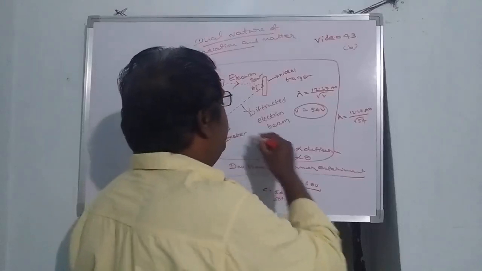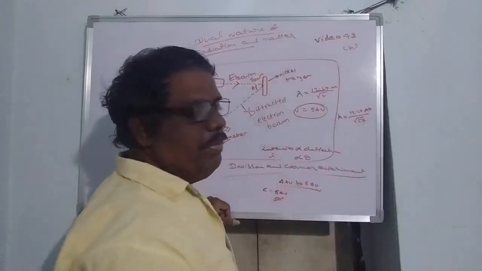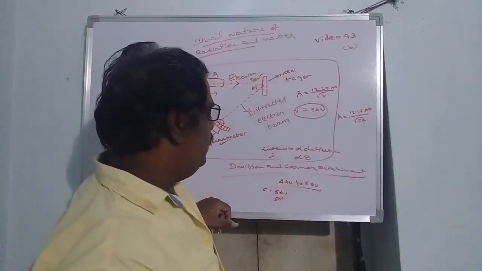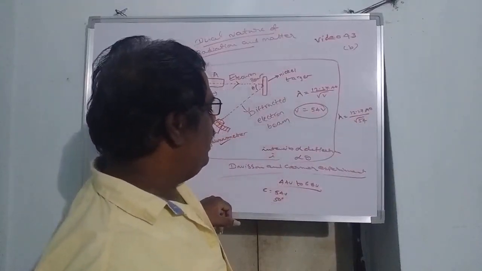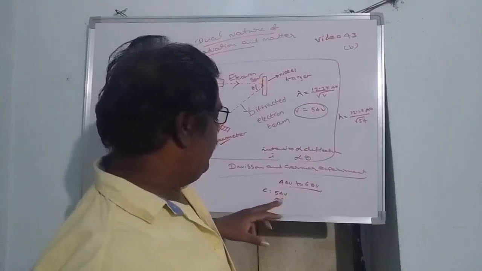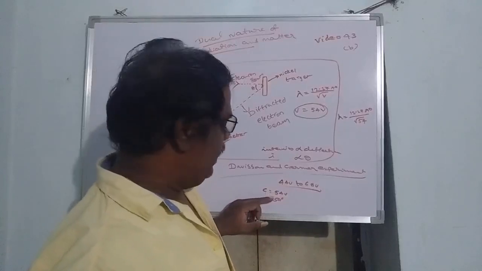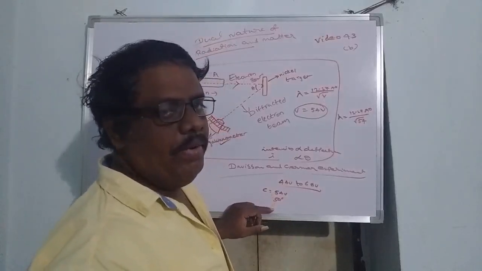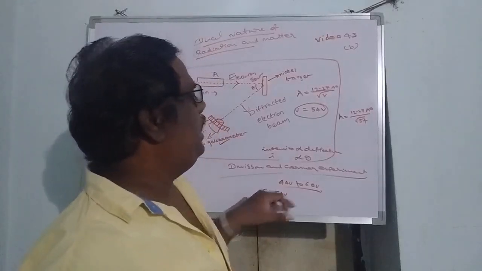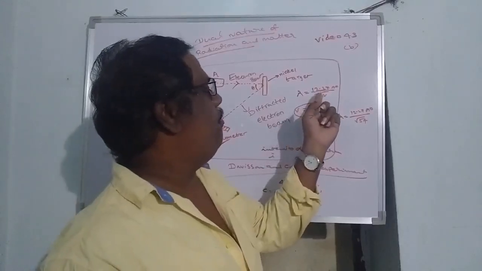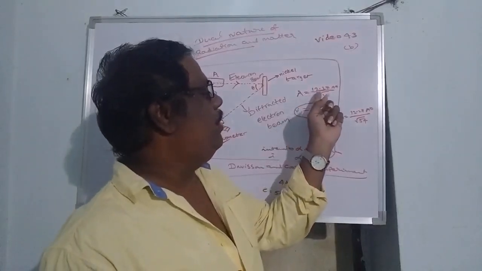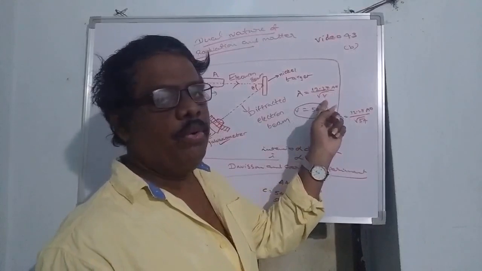So we can find the intensity of the electron beam at different angles. So the maximum value of deflection will be at 54 voltage, that is called critical voltage, at 50 degree. From this, de Broglie found one of the important formulas, 12.27 angstroms by root over V.